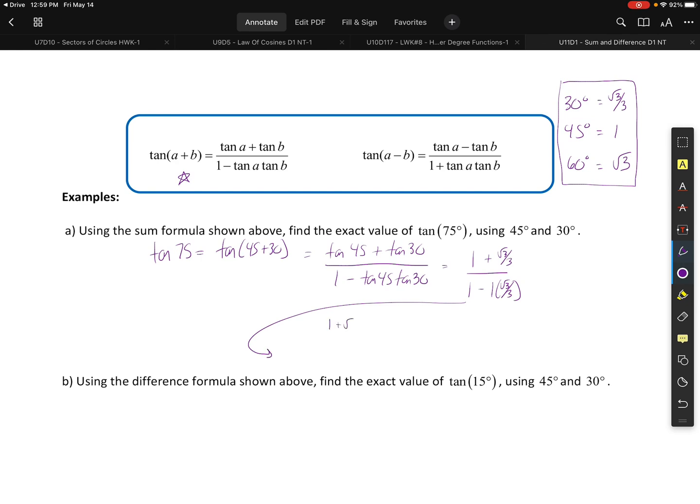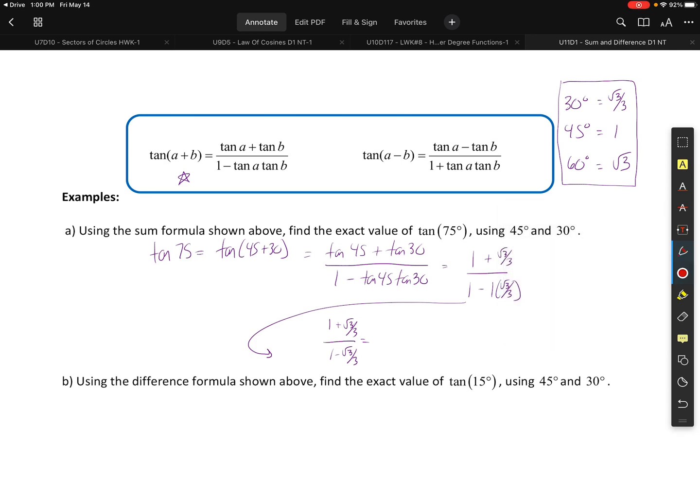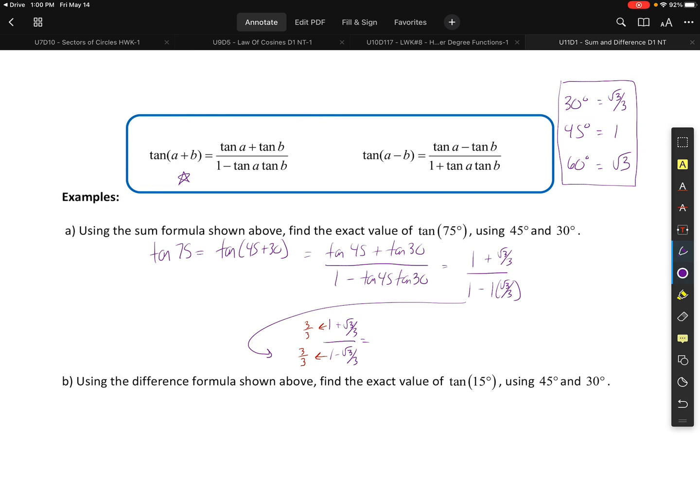We've got to simplify this a little bit. One thing we've learned is that if we put everything over the common denominator, we can then drop our denominators. So 1 is 3 over 3, and now I can drop my denominators: 3 plus rad 3 over 3 minus rad 3.